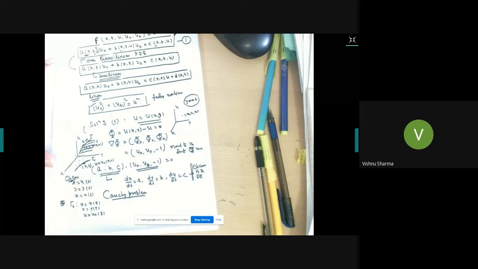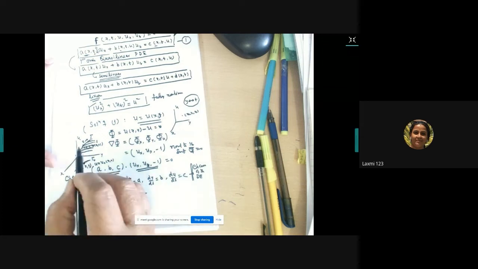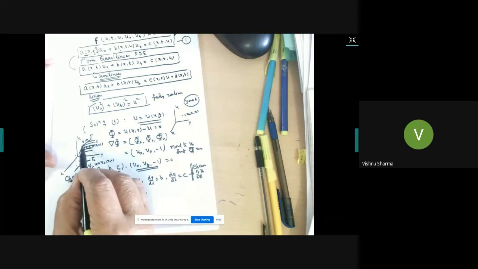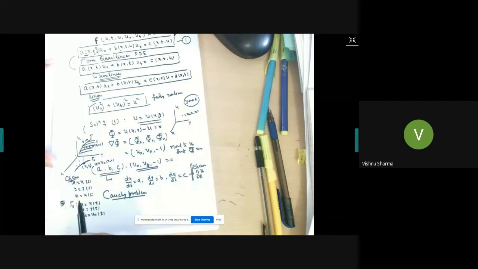Through that gamma, you find the characteristic curves, with dx by ds equal to a, dy by ds equal to b, and du by ds equal to c. In xy, they are the projections; these are the base characteristics.